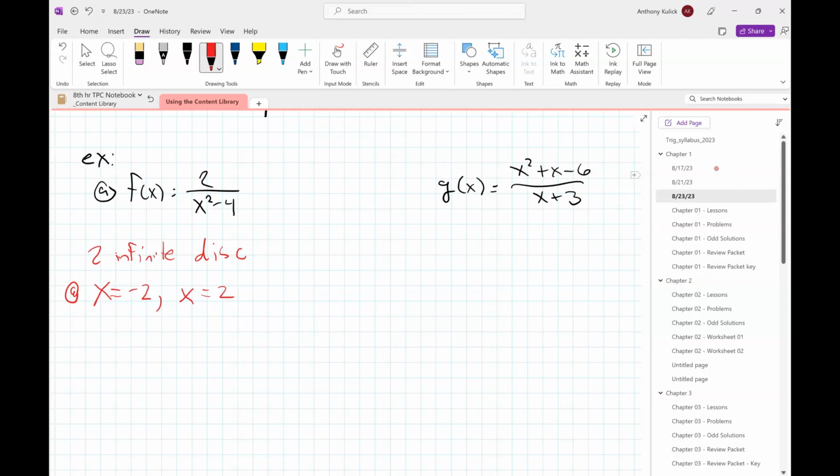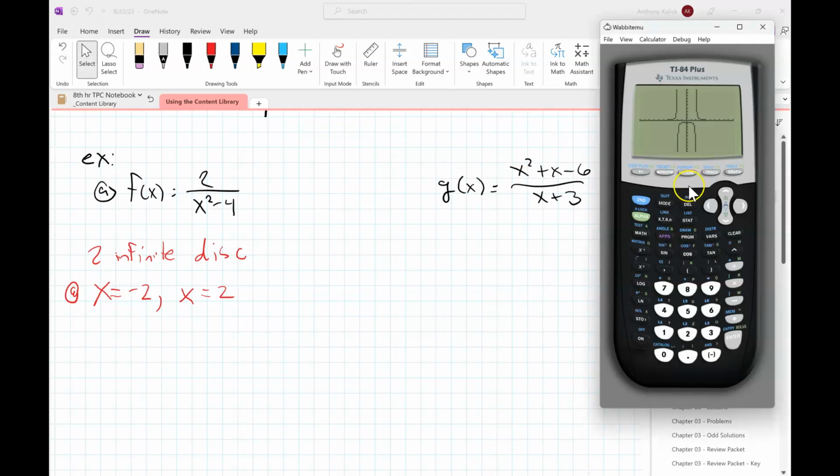Excellent, right? 2 squared minus 4 is 4 minus 4. That's 0. So it seems like anytime I have a 0 denominator, maybe I'm going to have a discontinuity. You guys see that? Okay. Let's see if that happens every time. Let's try the next one. That's a good observation, right?